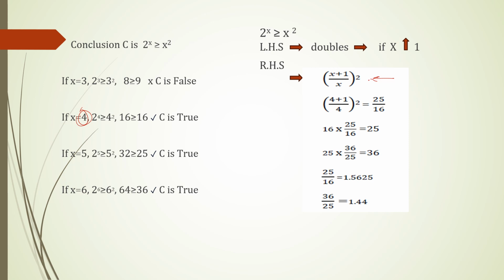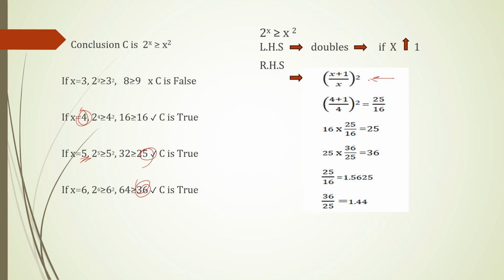If I multiply 16 with this 25 by 16, you get the next value, which is 25. Similarly, take the next x value, which is 5. (5 plus 1 by 5) the whole square gives you 36 by 25. If you multiply 25 with that value, you get the next value, which is 36. It keeps going like this.